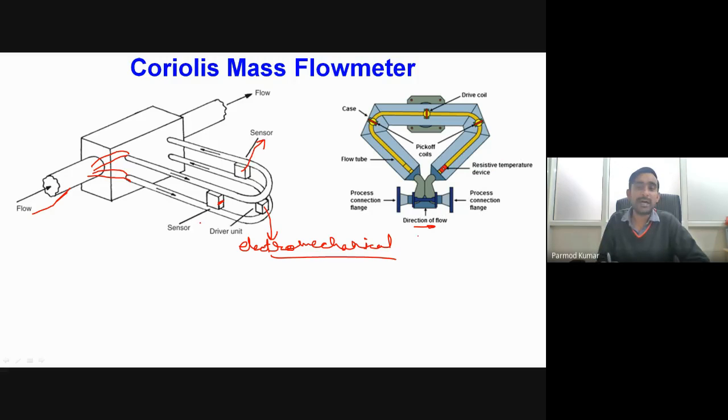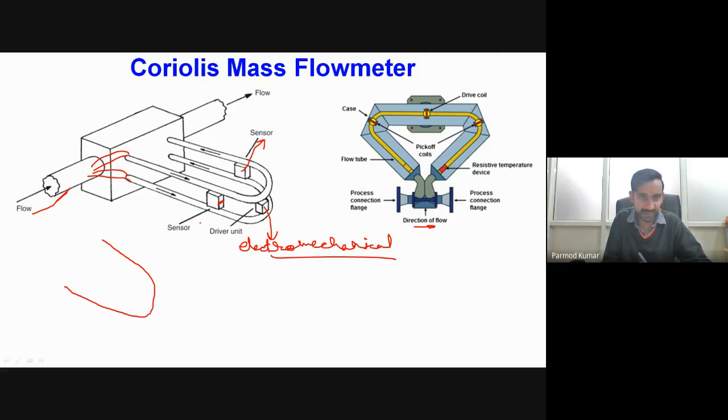Okay, now how does this difference of oscillations happen on the left and right portion of the tube? Let us see this with the help of this schematic arrangement. Here I am considering a U section.